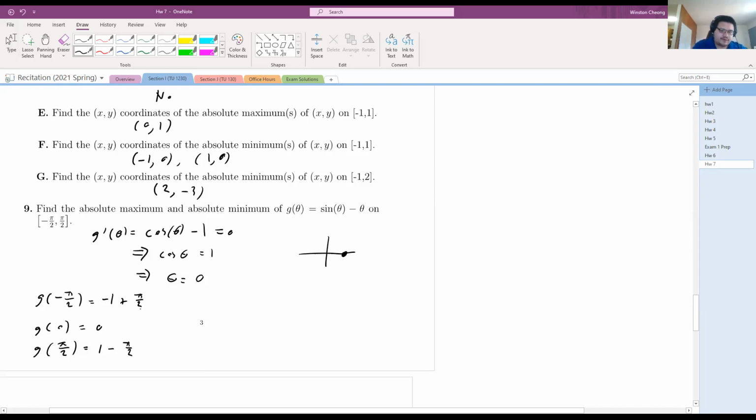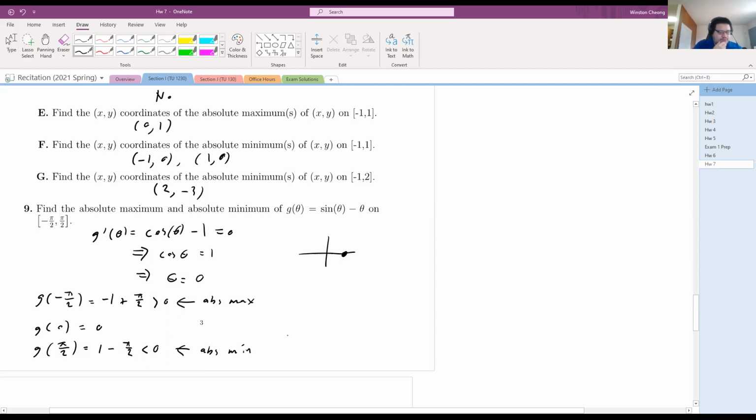Well, I can think about this without using a calculator. Maybe that's the point. This pi over 2 is 1.5 approximately. So this is greater than 0, and this one is less than 0. So we end up not seeing this critical point in this problem. This one ends up being an absolute max, and this ends up being the absolute min.